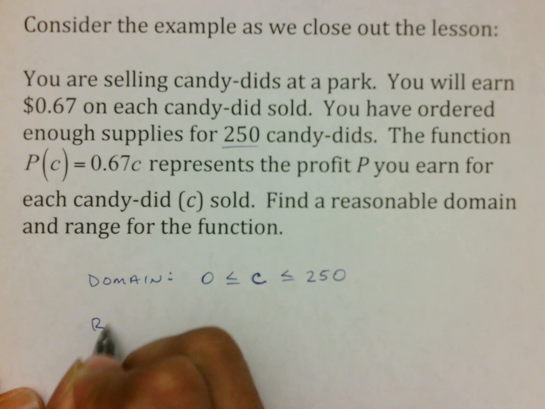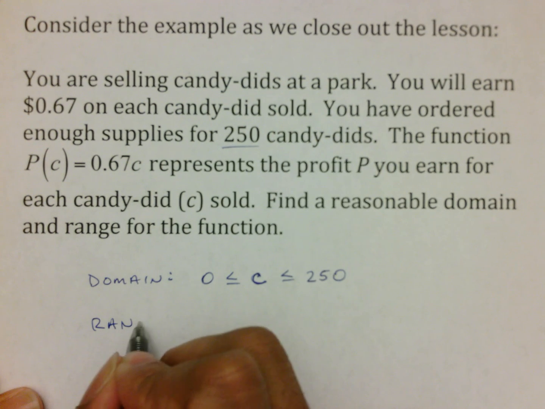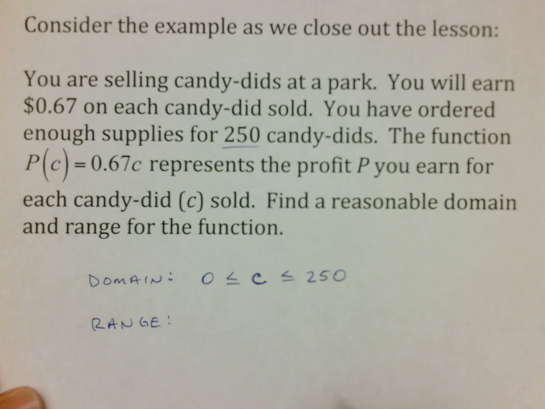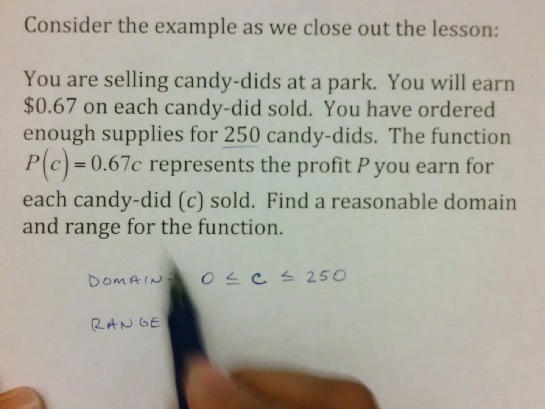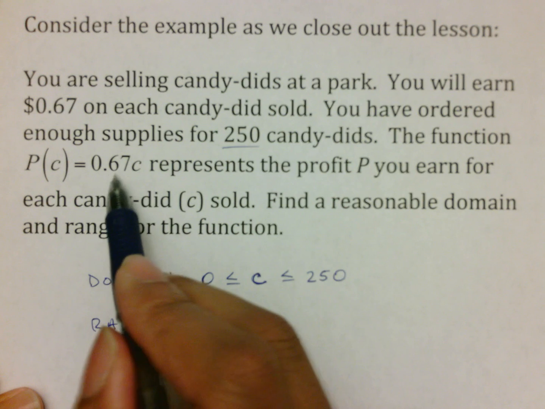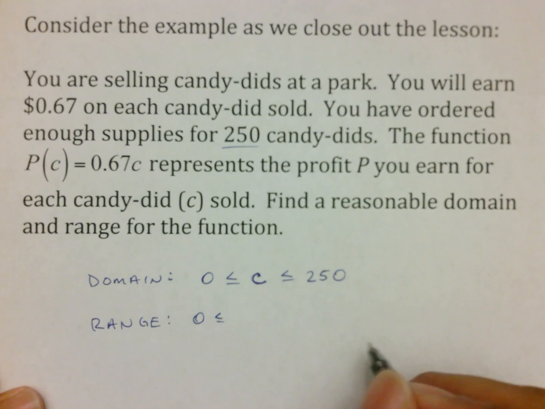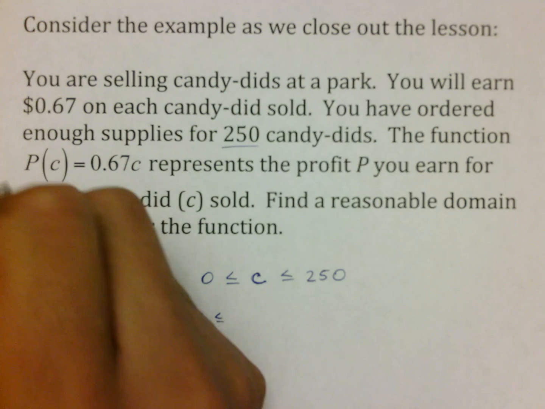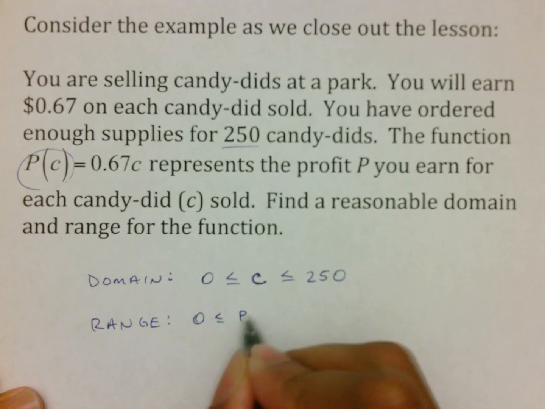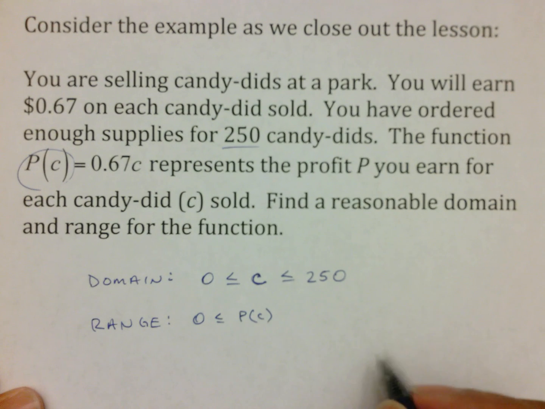So what I do now that I've found my reasonable domain is I take those numbers and I plug them in to see my reasonable range. So I take 0 and I plug it in for C. So 0, again, this is my input value. If I put 0.67 times 0, of course the answer is 0. So 0 is less than, my function itself is P of C, so that's what goes here.